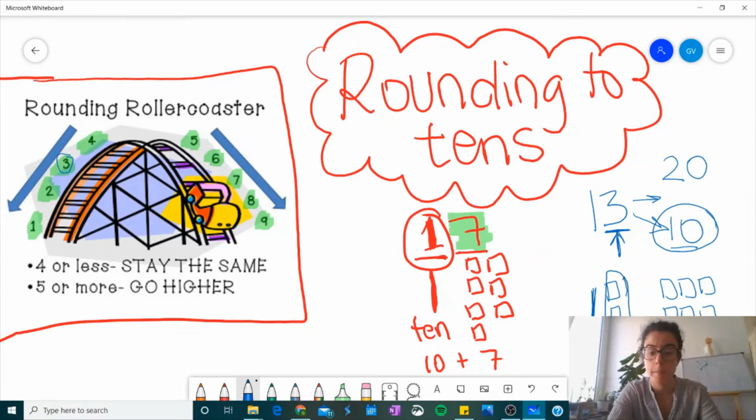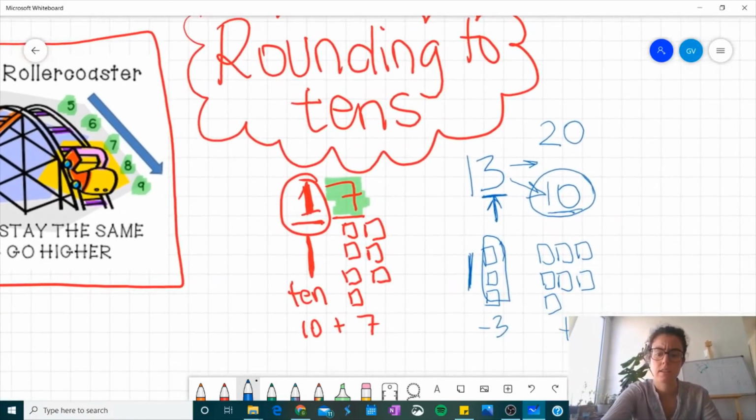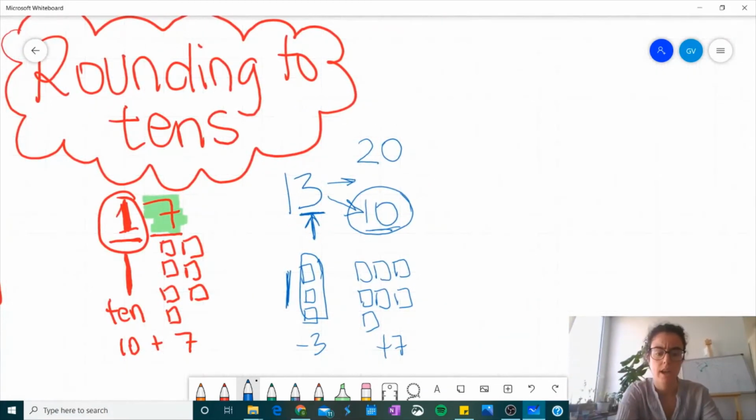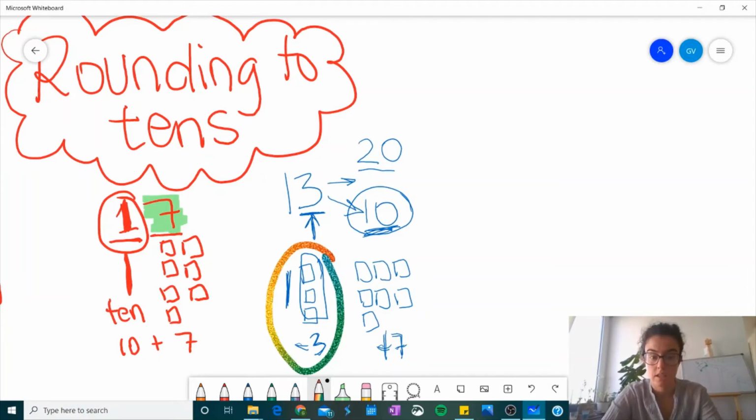It's only 3 numbers away from 10. So we could either add 7 or we could take away 3. What's easier? Taking away 3 or adding 7? So here we could take away 3 and get to 10, or we could add 7 and go to 20. What is easier? Yeah, it's definitely easier to just take away 3 and round down to 10.